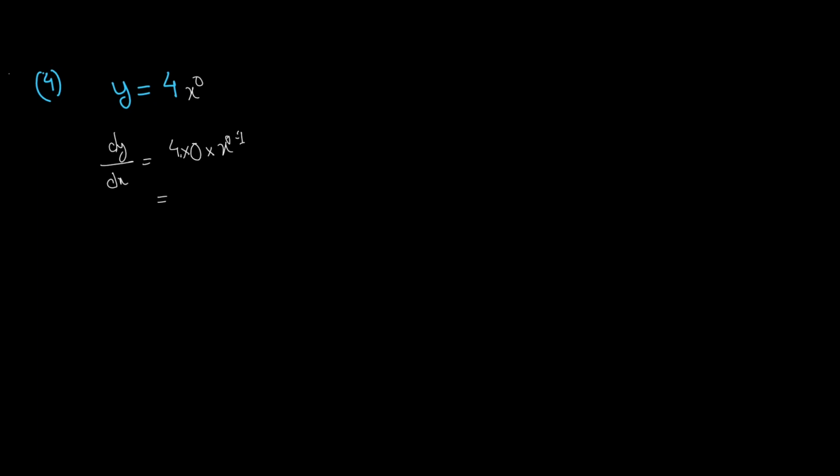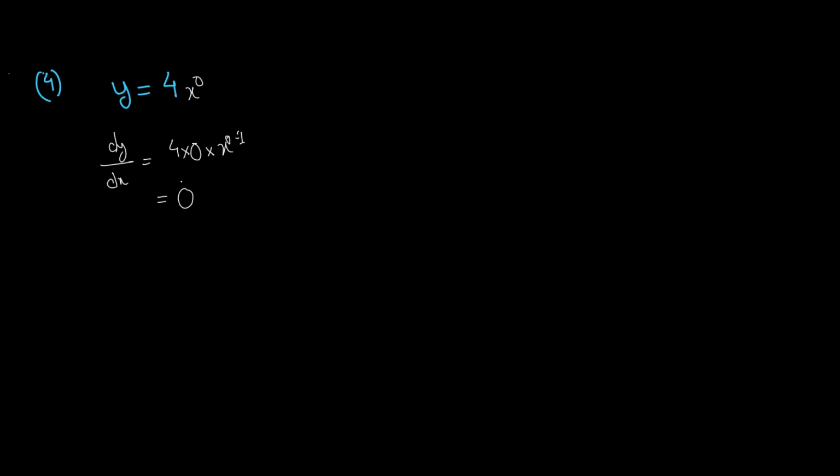So here we have 0 into 4 into some expression of x, and no matter what comes, our answer will always be 0. We can generalize this: if we are given only a constant, then after we differentiate with respect to x, we will get 0 as our answer. So whenever we get a constant, after differentiation, we'll get 0. We can use this idea later on.